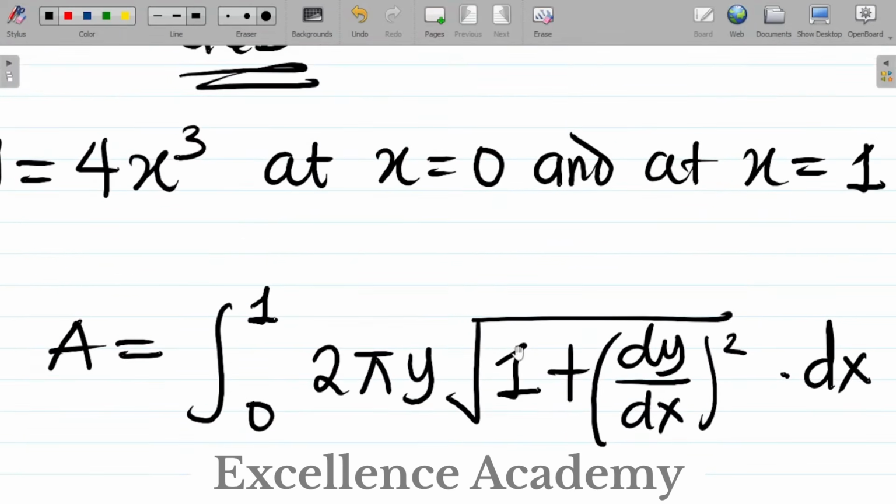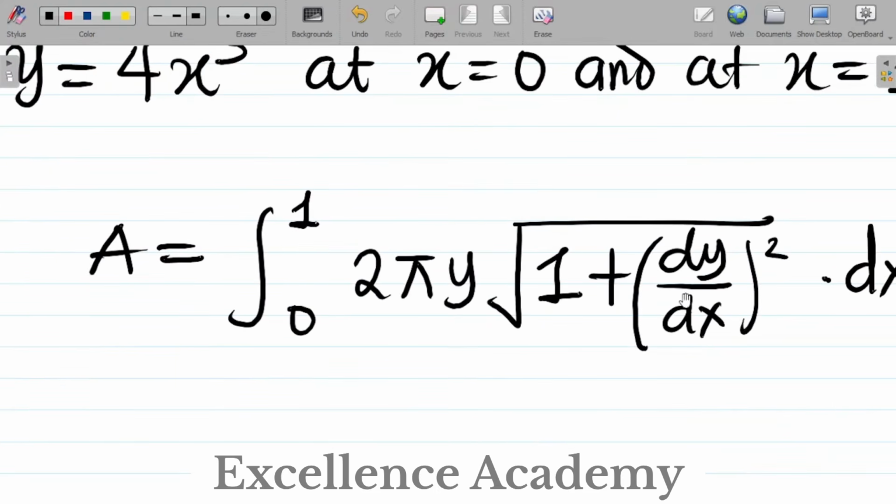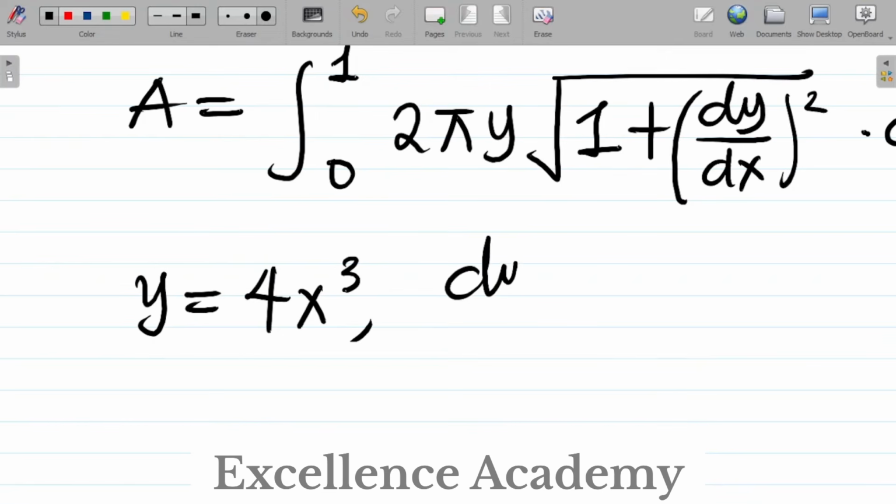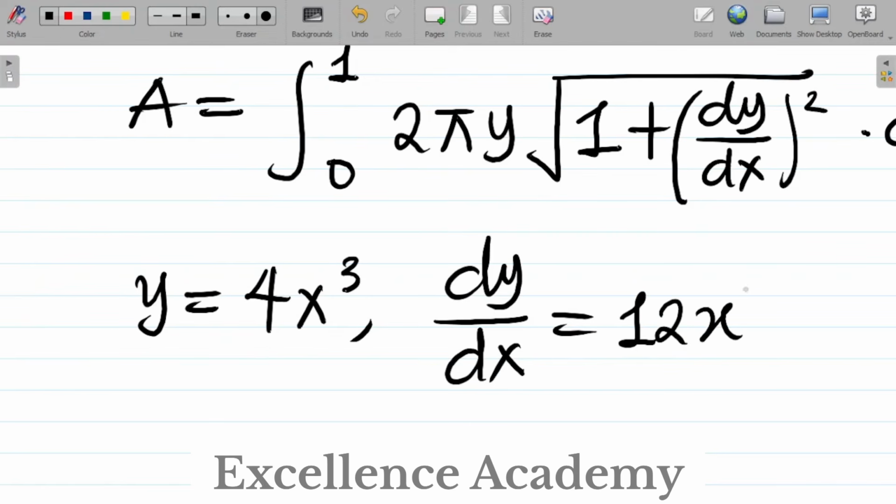So looking at this formula here, you can see that I need a value for dy over dx. So let's get dy dx. If y is equal to 4x cubed, we'll have that dy dx is equal to 12x squared.